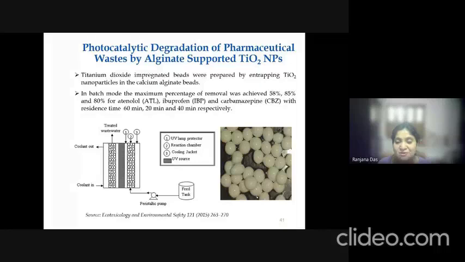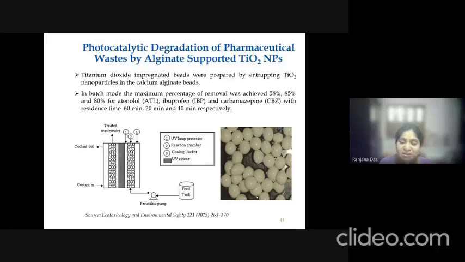We have synthesized and immobilized the TiO2, that is, the photocatalyst. How can this immobilization be done? They are trapped in some portion, so that it is not going to get mixed up with the medium. And in this way, the separation is not a problem there.